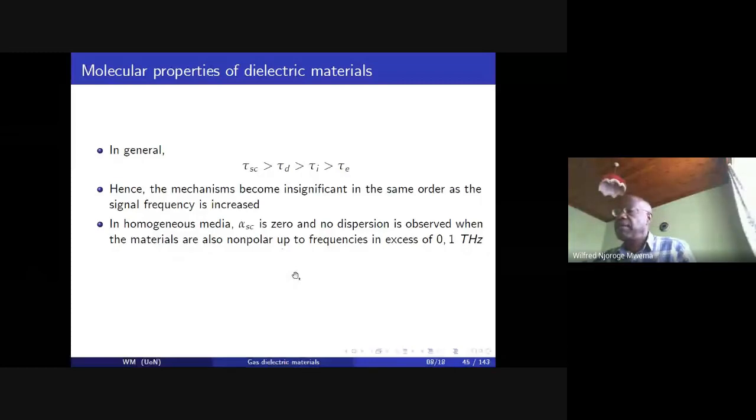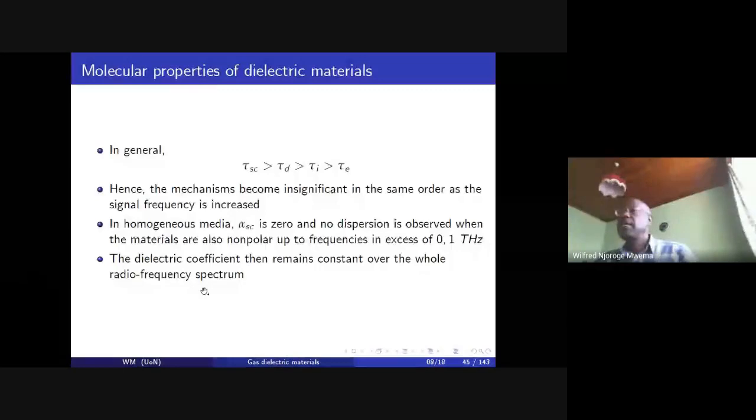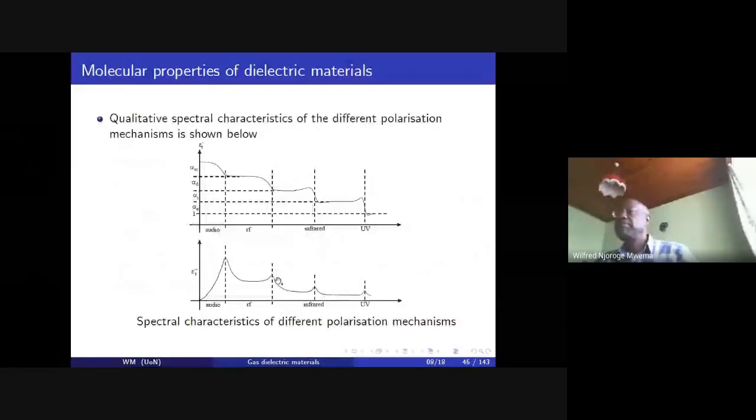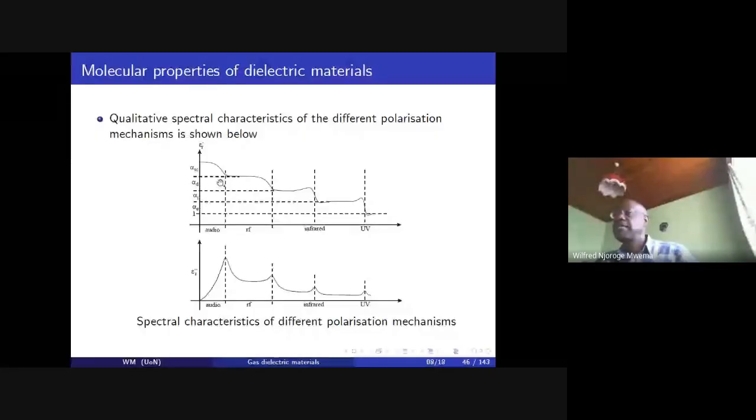So the dielectric coefficient will then remain constant. This diagram is what we have already seen from yesterday's lecture. It's a qualitative depiction of the frequency response of the real part and imaginary part of the dielectric constant.